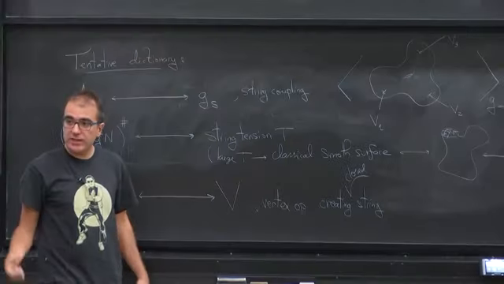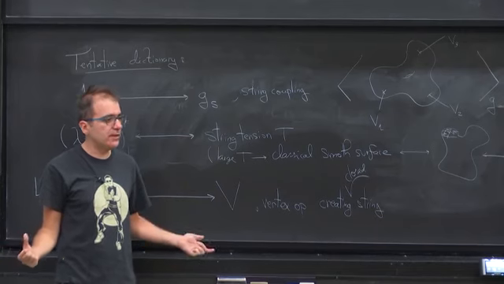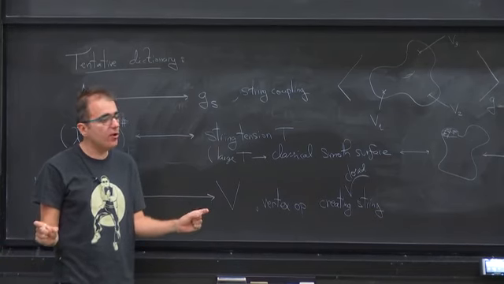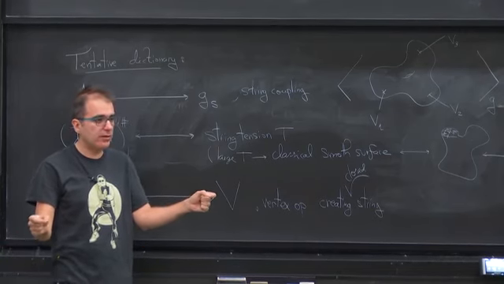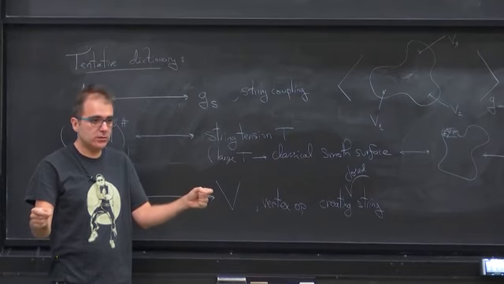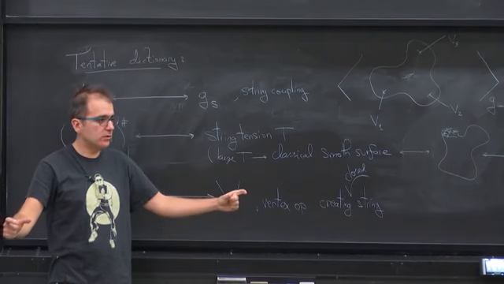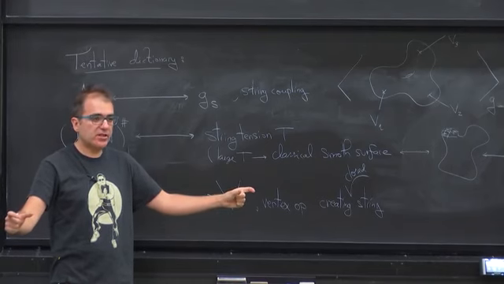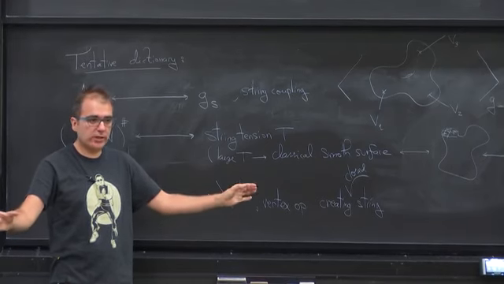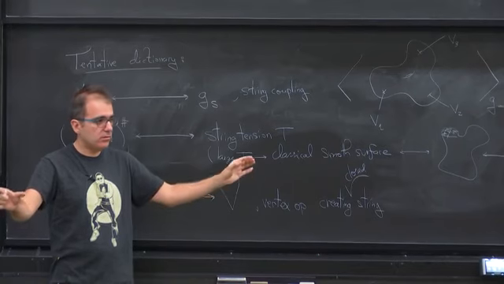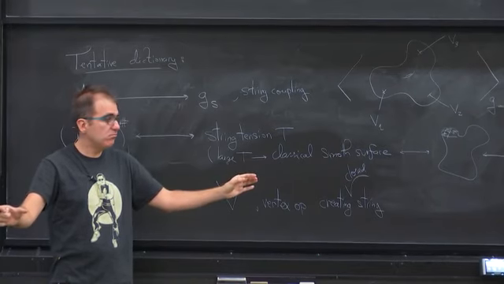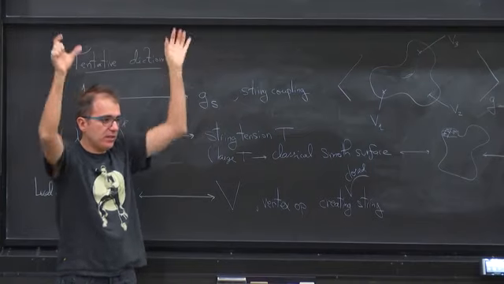Now, let's continue to see if this picture makes sense. What happens if I have not one string evolving, but two strings evolving? If the coupling of the strings is very small, what do they like to do to leading order? They go separately. They just propagate separately and there's nothing special.